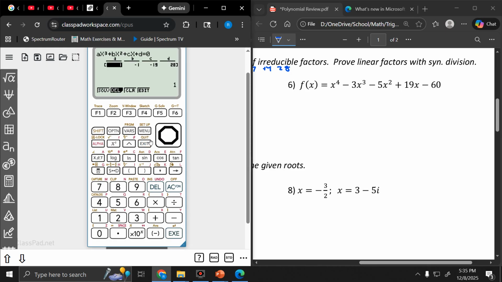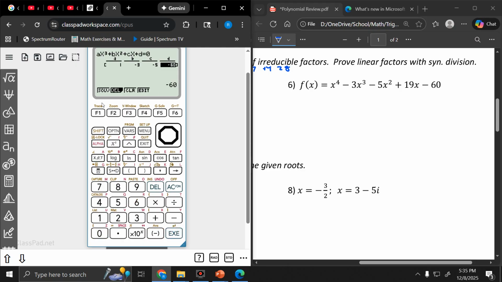Okay, once again for number 6, I'm going to put it into my calculator. I'm going to select degree 4 this time. And I will put this in as 1, -3, -5, 19, and then finally -60.